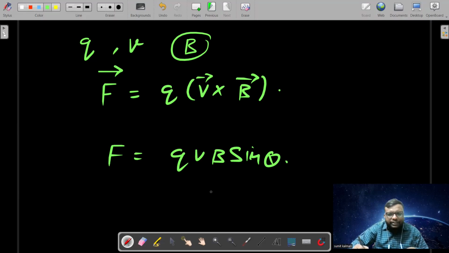Here students, theta is the angle between the velocity vector of charged particle and magnetic field.